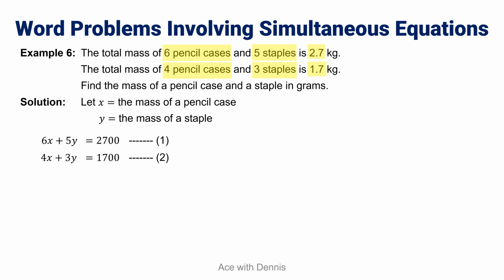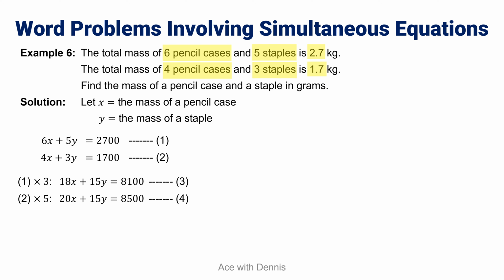I will use the elimination method to solve these two equations. The first equation, I multiply by 3. I will get 18x plus 15y equals 8,100. I will label this as equation number 3. Similarly for equation number 2, I multiply by 5 and I will get 20x plus 15y equals 8,500.